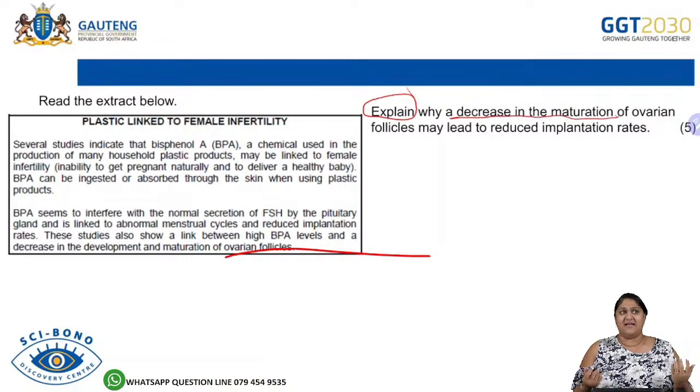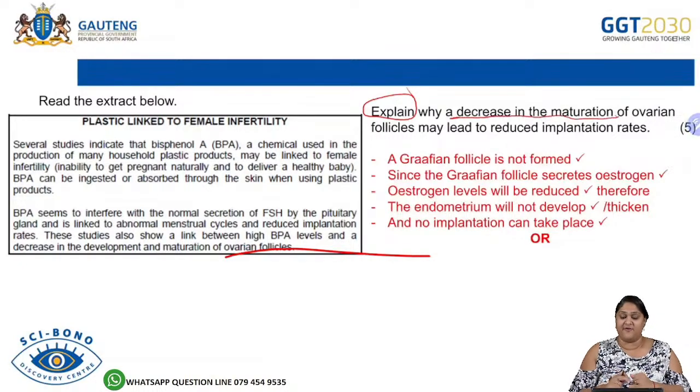The other thing is that we might not even have an ovum because we are not having this proper follicle maturation. Okay, so let's look at the answer. We have a Graafian follicle is not formed. I mentioned that since the Graafian follicle secretes estrogen, estrogen levels will be reduced, the endometrium will not develop, and no implantation can take place. So you need to mention all of that.